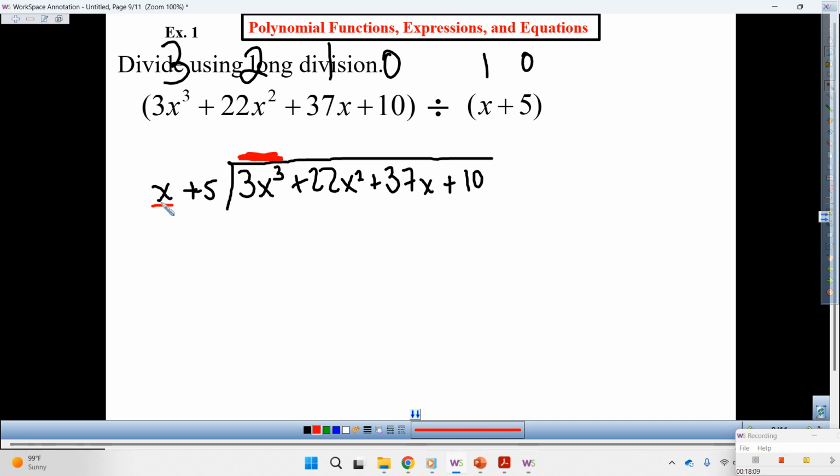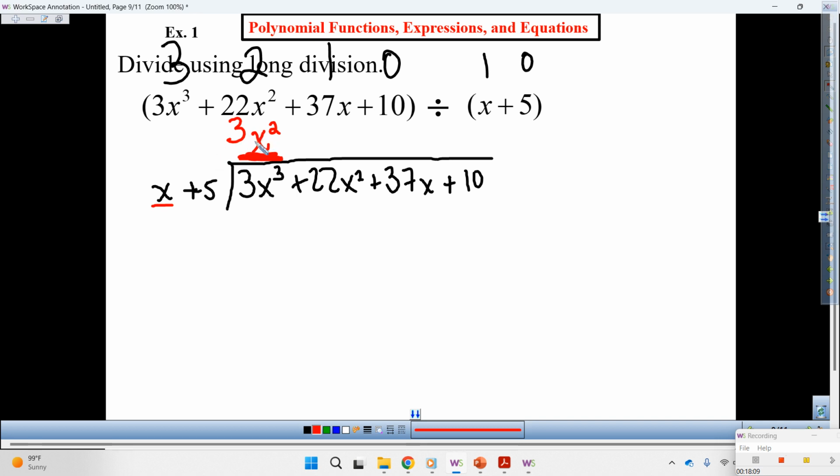Tell your neighbor, what do we multiply x by to give us 3x cubed? All right, looks like Joseph's got it. Go, Joseph. 3x squared. Very good. Write that down, please.